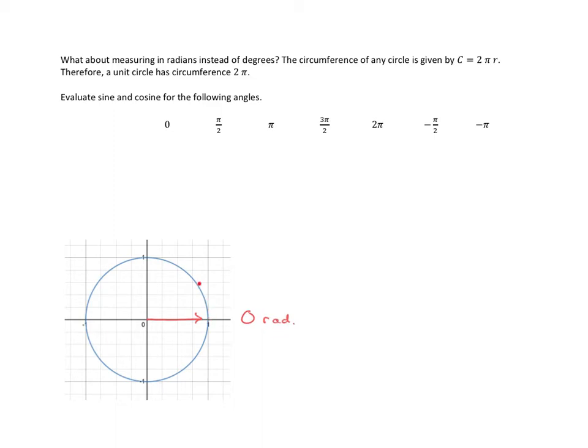Since this is a circle of radius 1, and the circumference of a circle is given by 2 pi r, if you put 1 in place of the radius, you're left with the circumference is 2 pi. So traveling around the circle is going a distance of 2 pi, and so we'll say a full rotation is something called 2 pi radians.